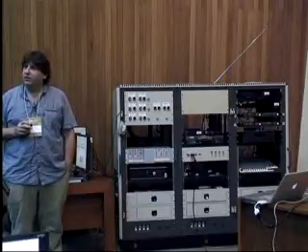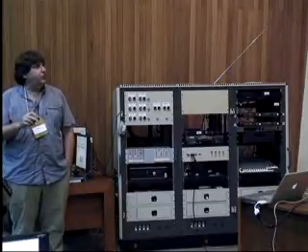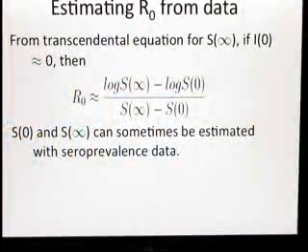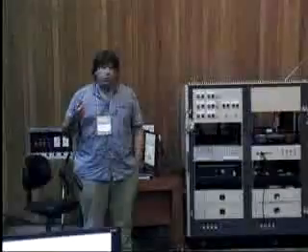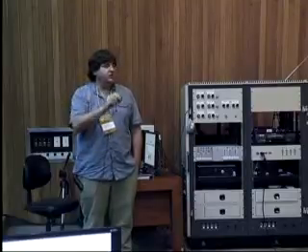If you have older blood and a large enough sample, that would let you estimate S0. And then after the outbreak, if you have a representative sample of blood, you test for antibodies, and that will give you S infinity. So that's one way in which epidemiologists try to estimate R naught.